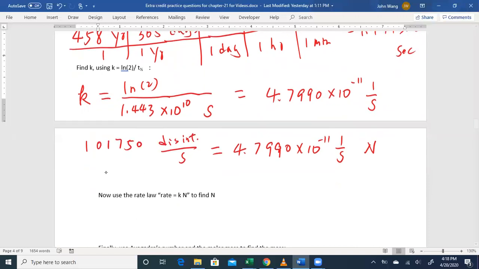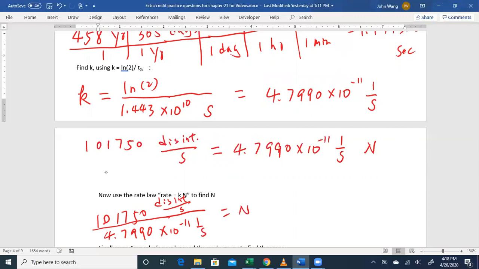Okay, so I shall write underneath this. Solve this one for N, and we'll find 101750 divided by 4.7990 times 10 to the negative 11. So that's it, disintegrations per second here and just per second here.